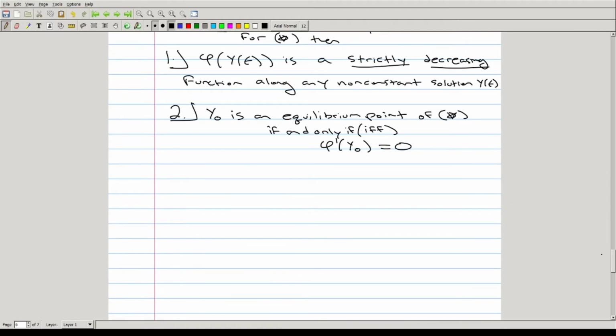If and only if is important because it goes both ways. If y naught is an equilibrium point, then the derivative of phi at y naught equals 0, and vice versa. If the derivative of phi at y naught is equal to 0, then y naught must be an equilibrium point. If and only if statements are very important to distinguish from just if-then statements in mathematics.